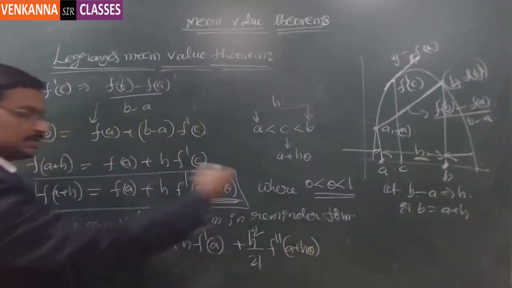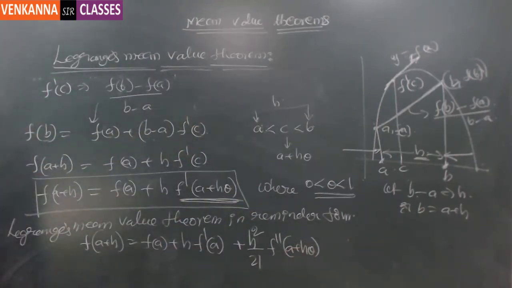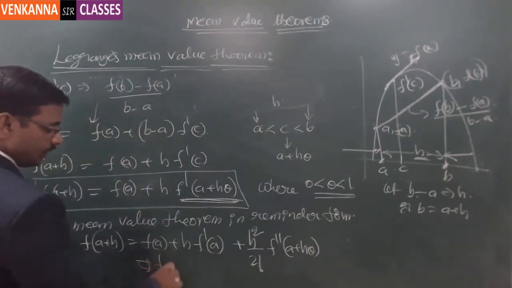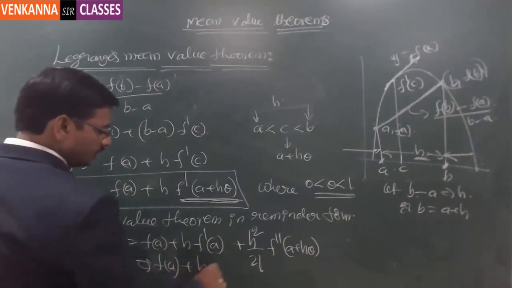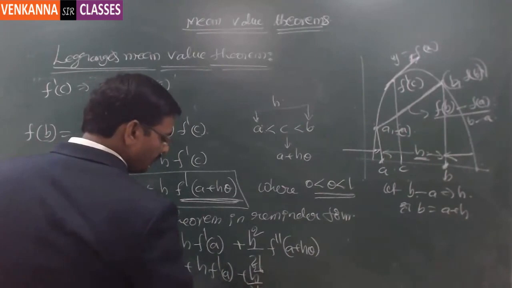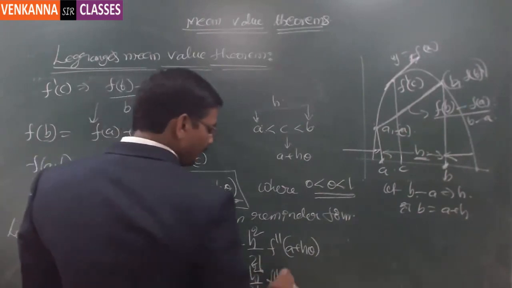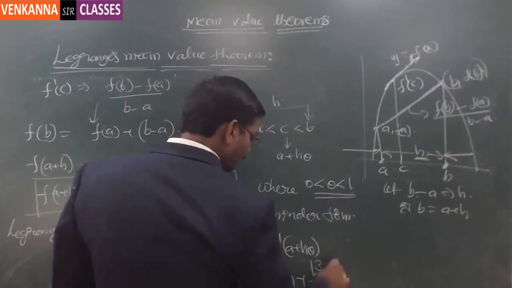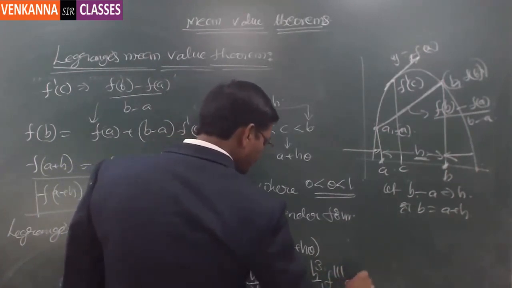So this is one step extension. Got it? Similarly, if you extend for one more, then it will be f of a plus h times f dash of a plus h square by 2 factorial times f double dash of a plus h cube by 3 factorial times f triple dash of a plus h theta.